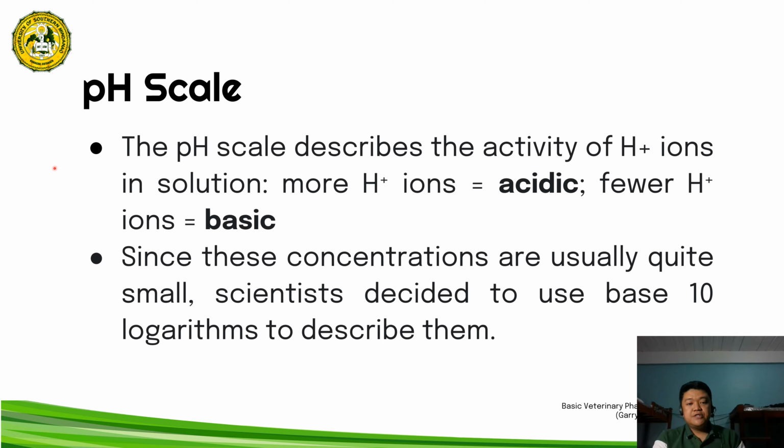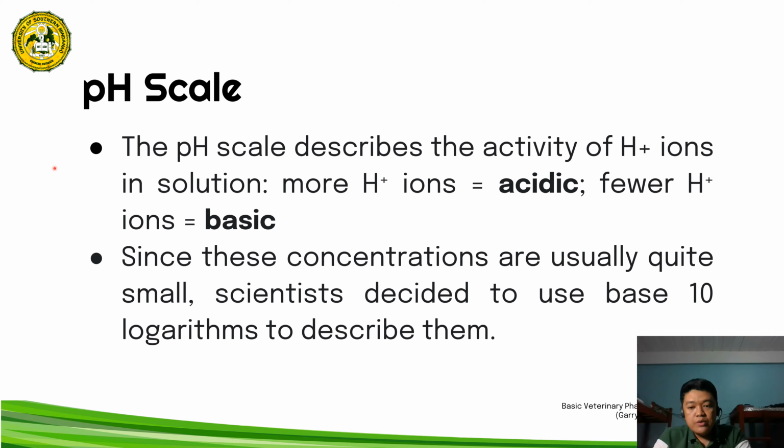So basically, the pH scale describes the activity of hydrogen ions in a solution. If there are more hydrogen ions, or H plus ions, in a solution, it would mean that the solution is acidic. When there are fewer H plus ions in a solution, it would mean that the solution is basic or alkaline. Since these concentrations are usually quite small, scientists decided to use the base 10 logarithms to describe them.